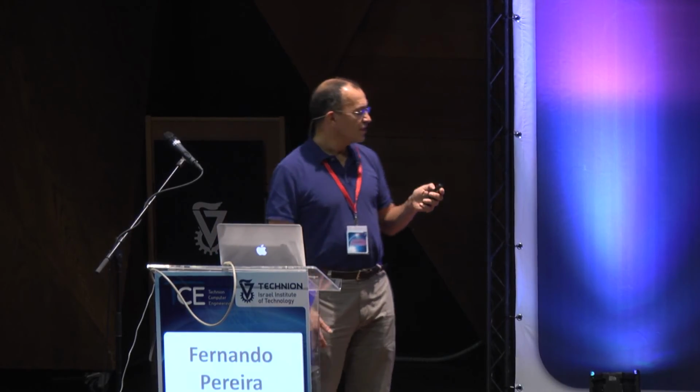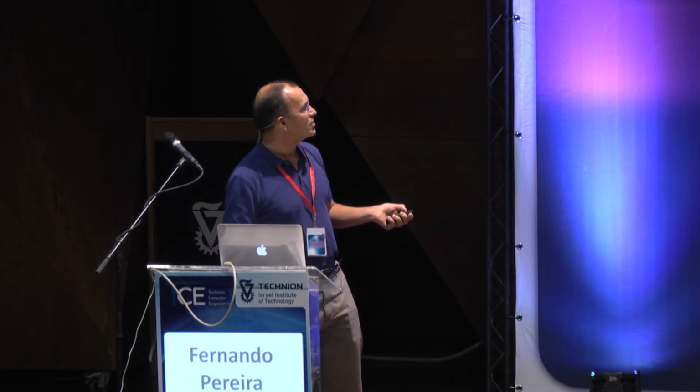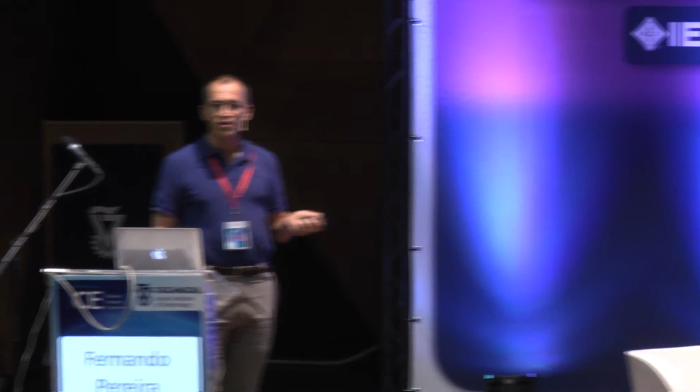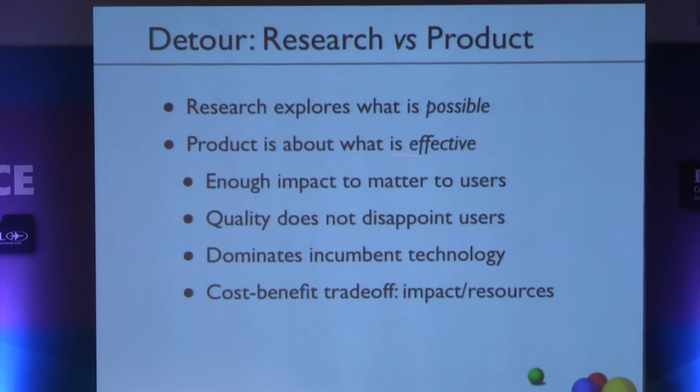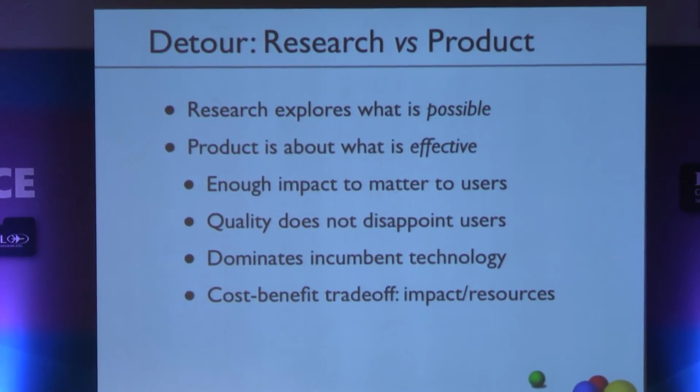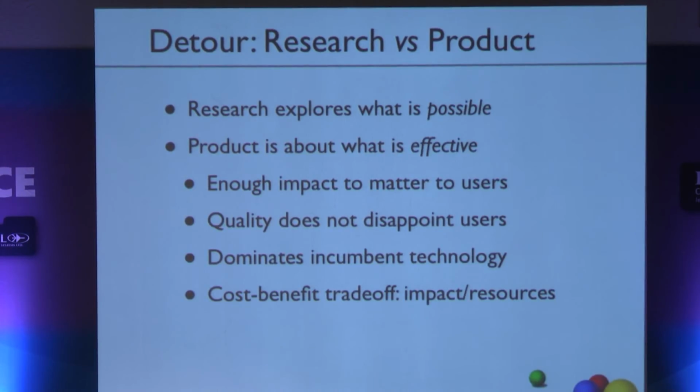Often you hear, "10 blue links, that's passé. We're going to do all these beautiful new things." But the questions you want to ask that person are: does your new solution have enough impact on actual search or actual product use to matter to users? Is its quality high enough that the users will not be disappointed?